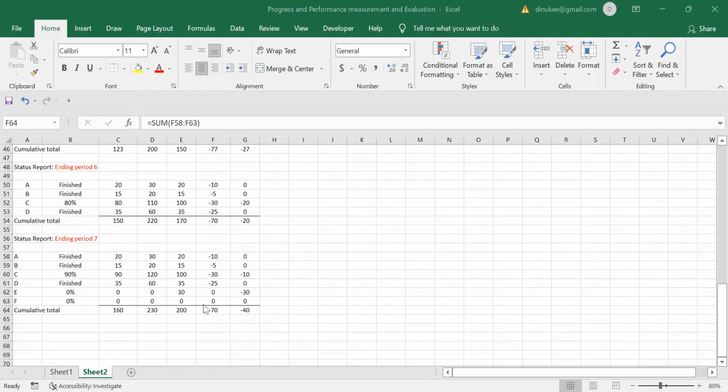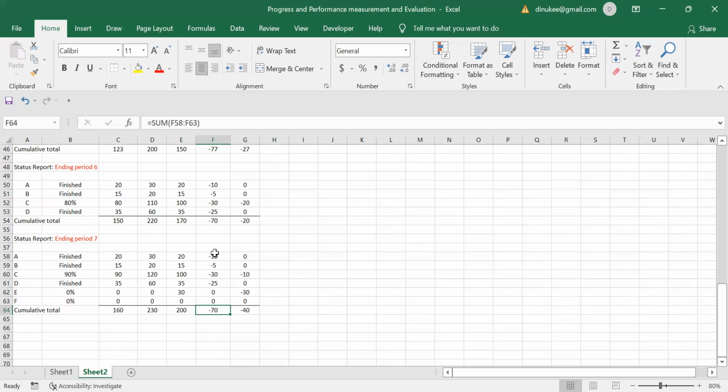Then cost variance is minus 70, right? That means cost overrun. The actual cost is more than we were expecting to spend. That's why this cost variance is minus 70. So the indication of minus 70 is cost overrun. We have spent more, right?